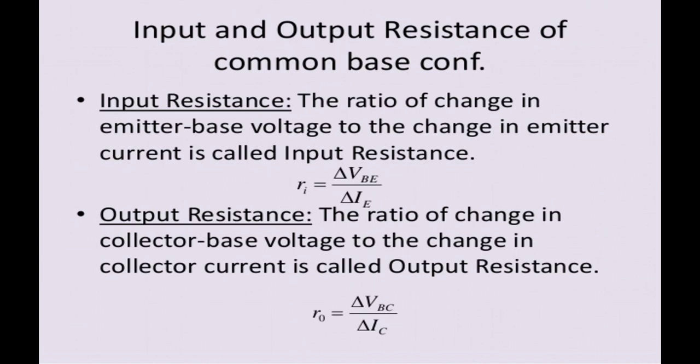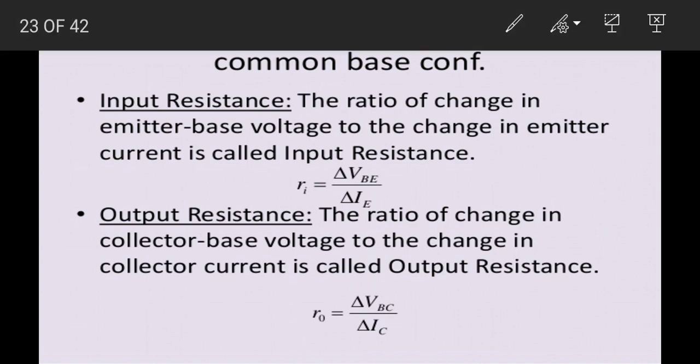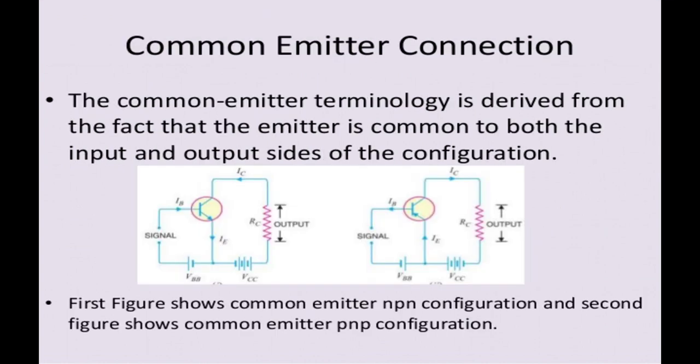If we want to calculate RO, we need IC, because IC is the output current across the collector terminal, and the voltage across the collector-base junction. These are the input and output resistance calculations.